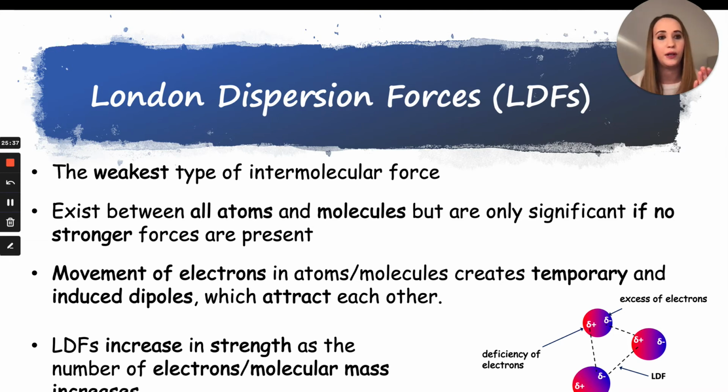Because the one with more electrons would have stronger LDFs. Okay, and that's something we saw in the elements recap when we're thinking about how the boiling points of the noble gases increase down the groups because there's more electrons and there's stronger LDFs.